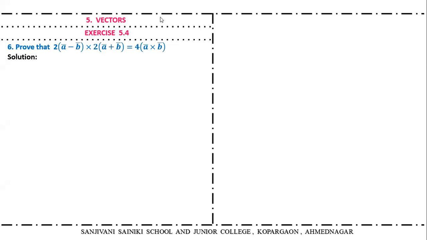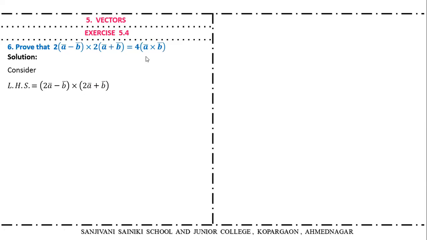The sixth example: we have to prove that (2 times a bar minus b bar) cross (2 times a bar plus b bar) is nothing but 4 times a bar cross b bar. Now let us consider the left hand side of the given equation. We can write this as (2a bar minus b bar) cross (2a bar plus b bar), and simplify it.